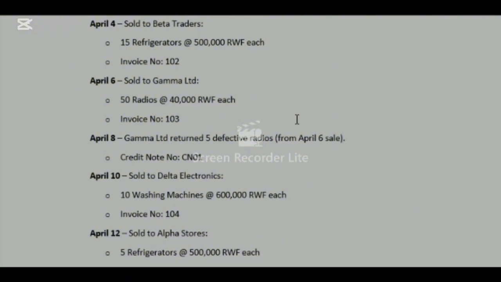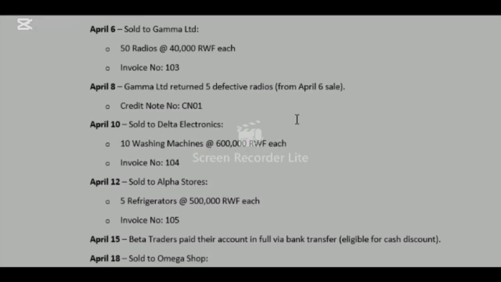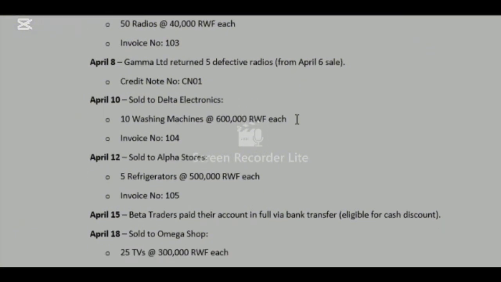On April 6, sold to Gamma Limited 5 radios at 40,000 each with that invoice. On April 8, Gamma Limited returned 5 defective radios from the April 6 sales with that credit note.